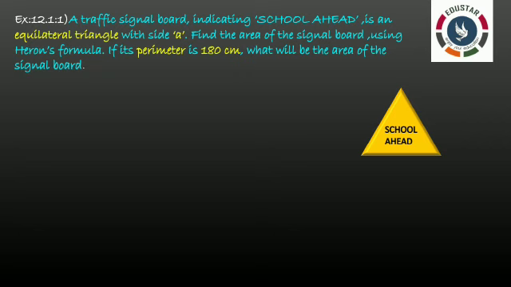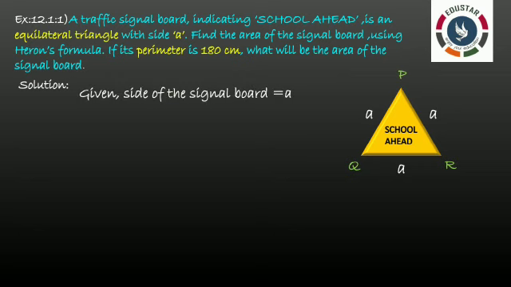So, we are having traffic signal board indicating school ahead in what? An equilateral triangle. They have given what? Side as A. So, all three sides are represented as what? A. So, what will be the perimeter of this equilateral triangle? A plus A plus A, which is equal to 3A.